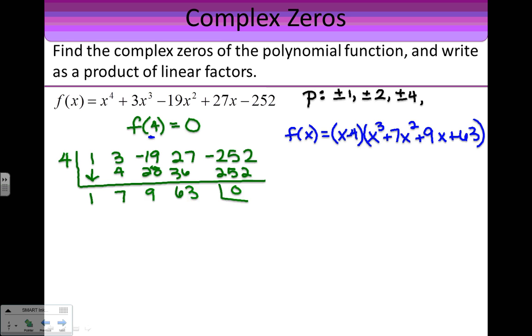All right, we're going to take a look at that third degree polynomial that we now have, our quotient, and see if it's factorable by grouping. So if you look at it, the greatest common factor of the first terms will be x squared, and 9 in the second group, and I think I'm going to be able to factor by grouping here.